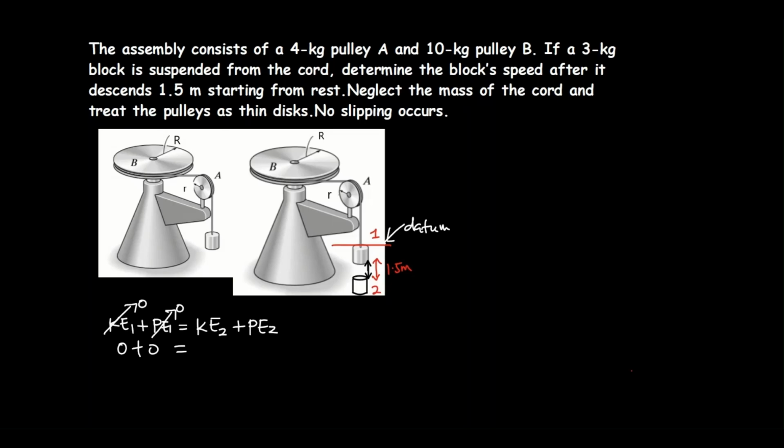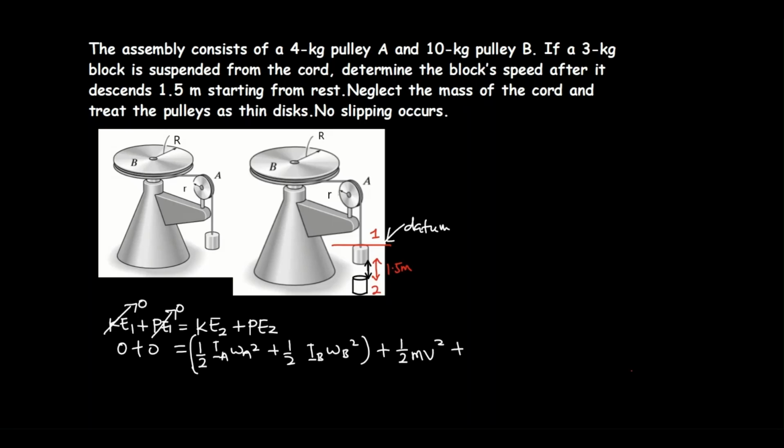So you're going to have 1/2 I_A omega_A squared plus 1/2 I_B omega_B squared, put all this in one bracket, plus the translational kinetic energy of the block, which will be 1/2 m v squared.